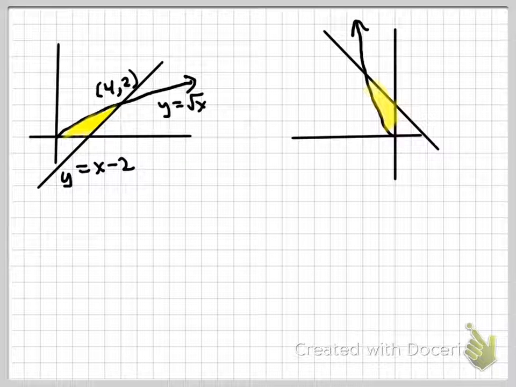Okay? Let's consider this area a little bit differently. So imagine that we have our graph we were just looking at, where this is the x-axis and this is the y-axis. Imagine that we rotated this picture 90 degrees counterclockwise, okay? And now we're looking at our picture like we are on the right, where the y-axis is now down here and the x-axis is going vertically.